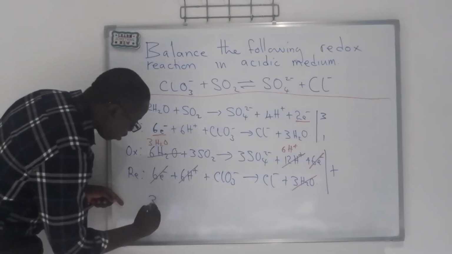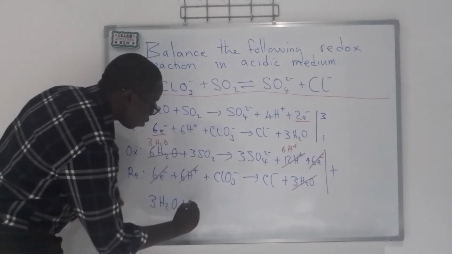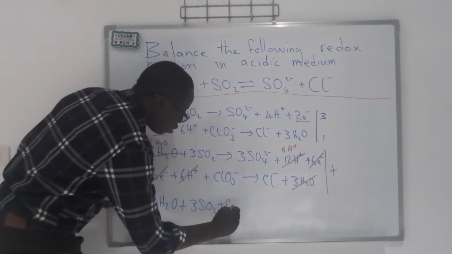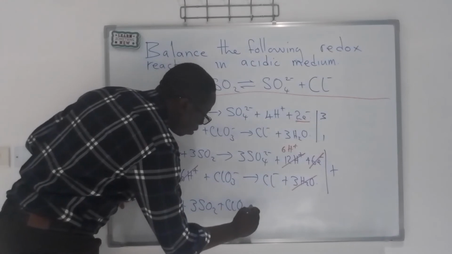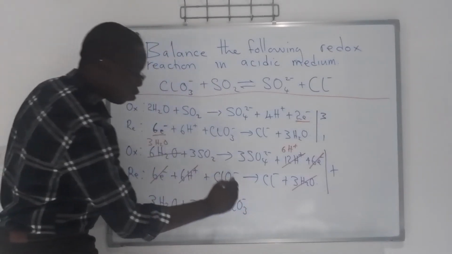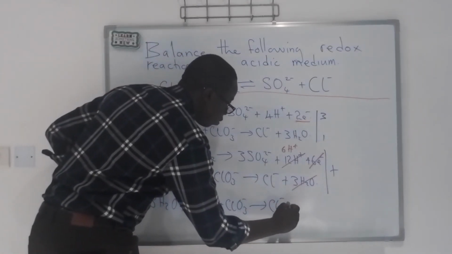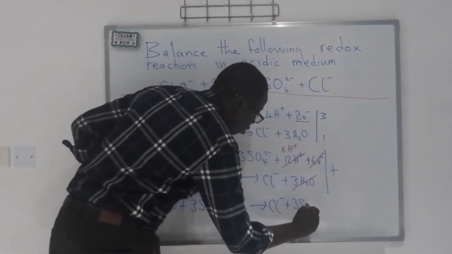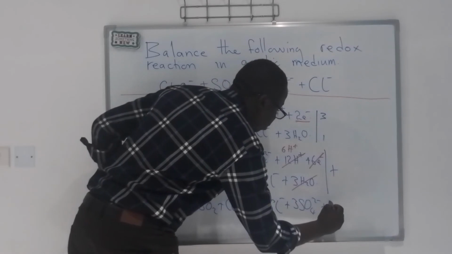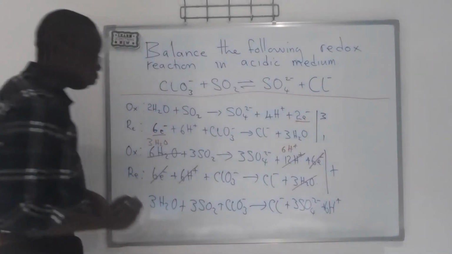We'll have 3 molecules of water, then we'll also have 3 SO2 and ClO3 minus, and then we'll also have the Cl minus plus 3 SO4 2-, and 6 hydrogen ions.